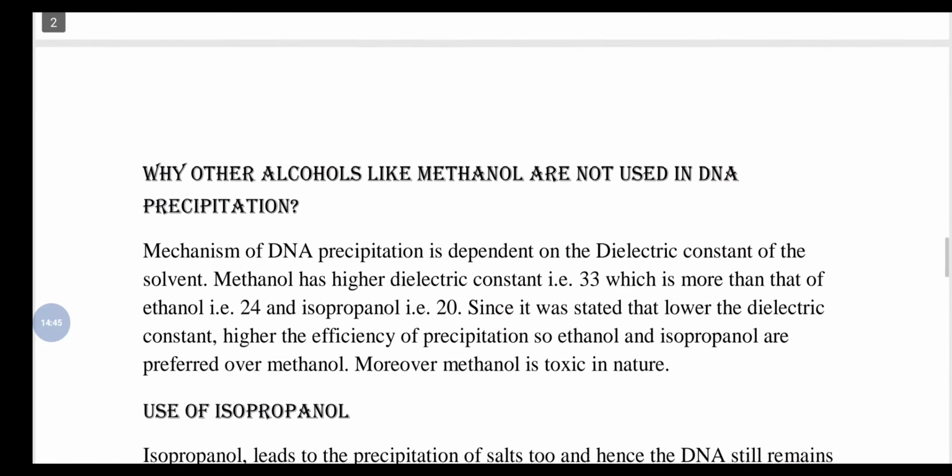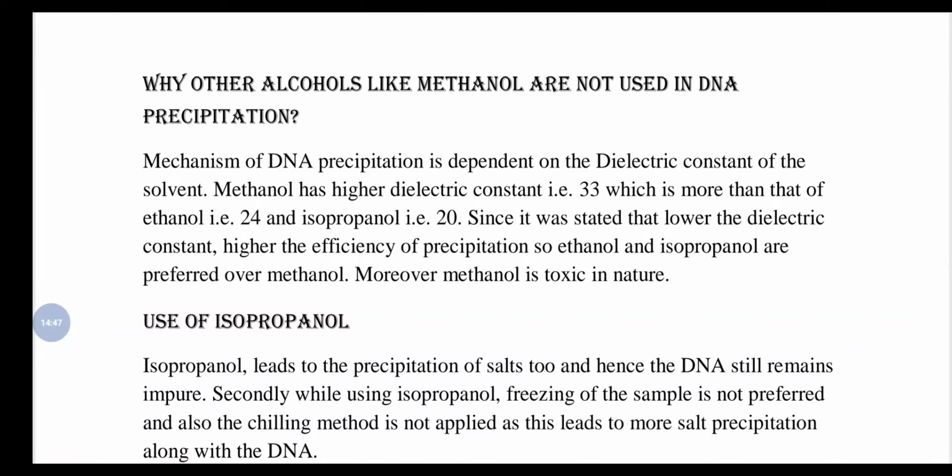Okay, now there are certain questions. The first question is, why are other alcohols like methanol not used in DNA precipitation? I have told you that the major thing we require here for the precipitation is the lower dielectric constant. The whole precipitation is based on dielectric constant.